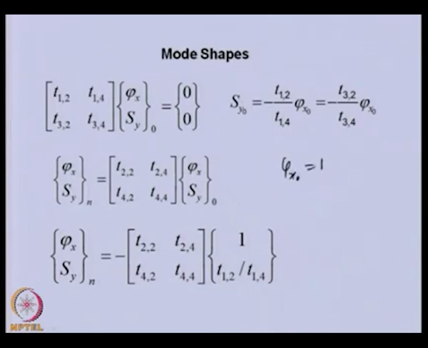So, we will be obtaining the mode shape with respect to this reference. So, I have substituted that as 1 here, and the shear force at the 0 station will then be given by either this or this, because now this is 1. So, we are substituting this here.